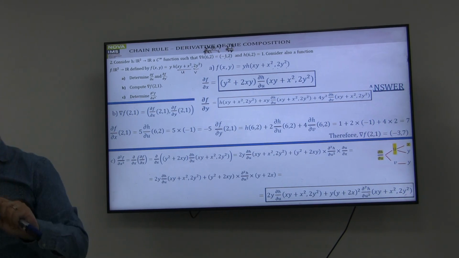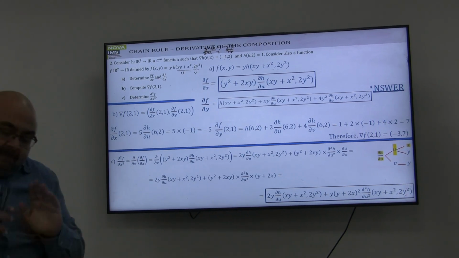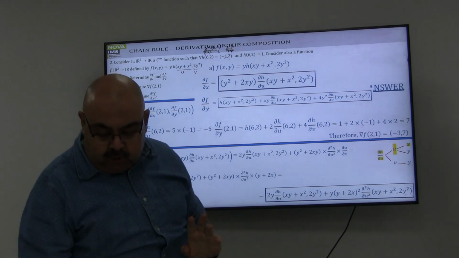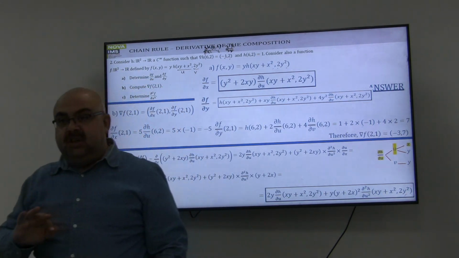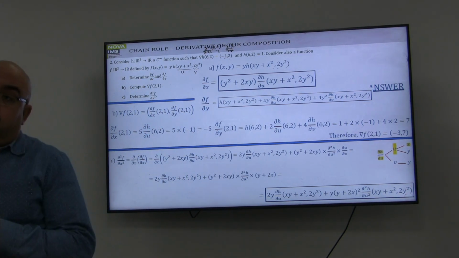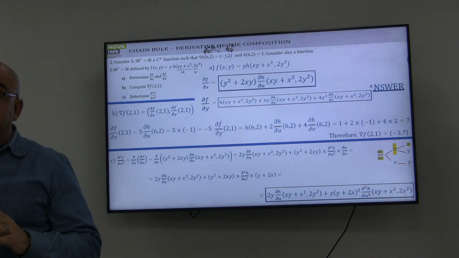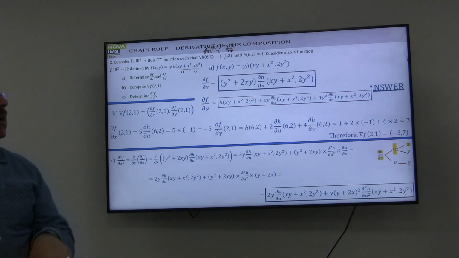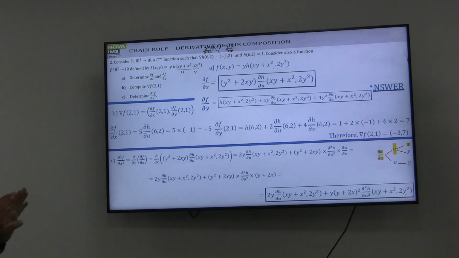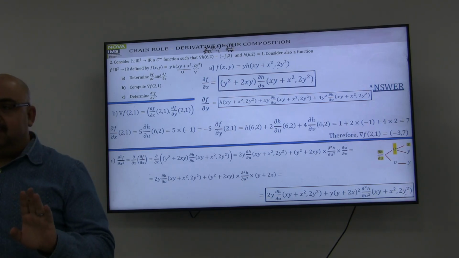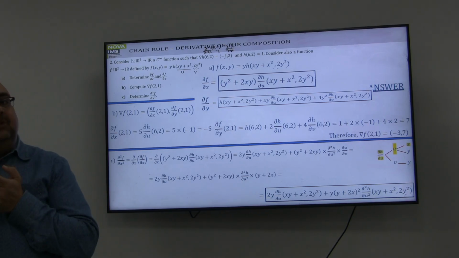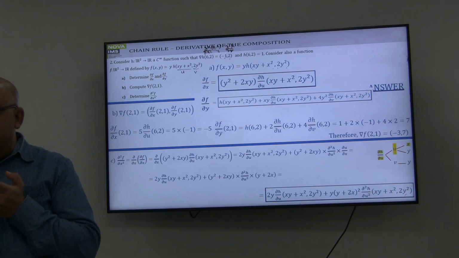If I were going to put this in the exam, it seems a very nice problem to be worth 5 marks. First, it tests your understanding of the partial derivative and the chain rule.